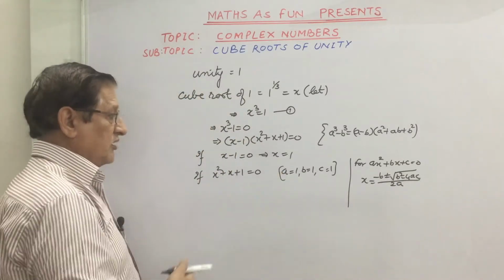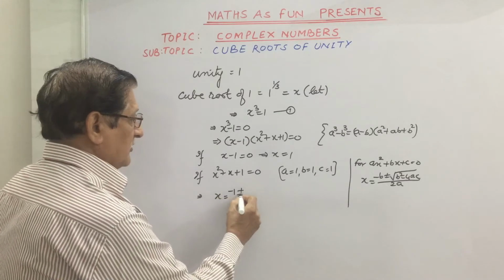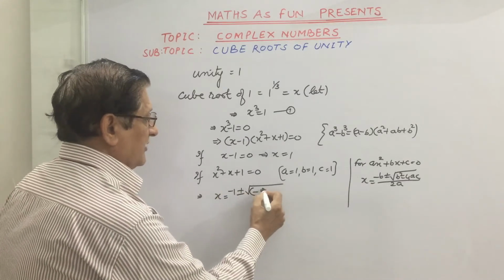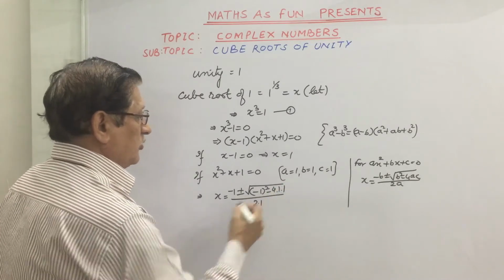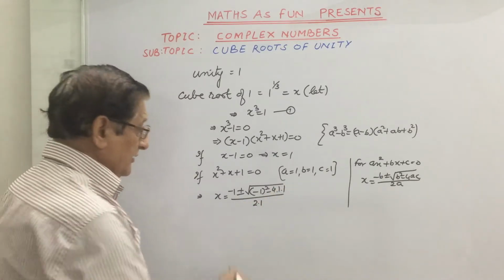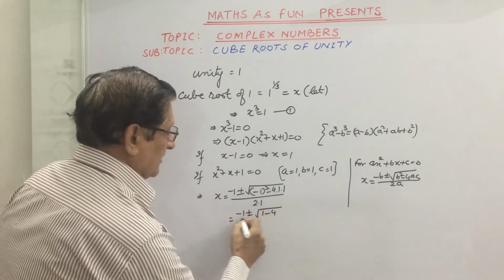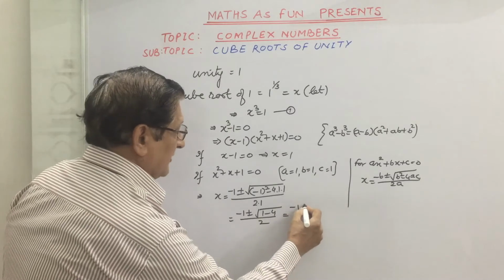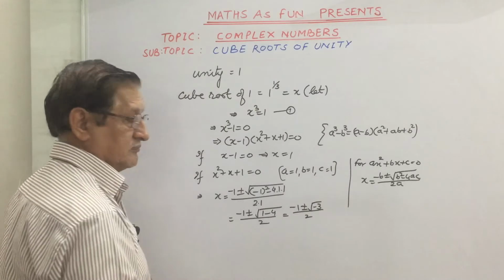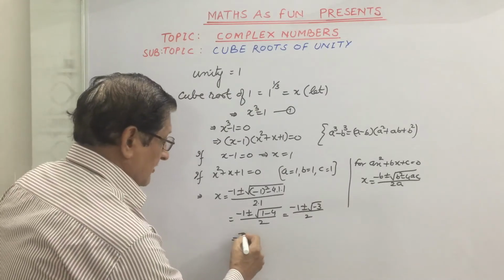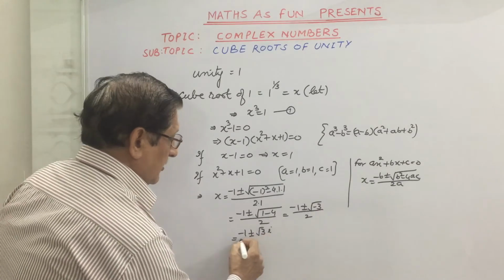If we apply this quadratic formula here, we will be getting x is equal to minus 1 plus minus root of minus 1 square minus 4 into 1 upon 2 into 1. And that gives us the value minus 1 plus minus root of 1 minus 4 upon 2, which is minus 1 plus minus root minus 3 upon 2. Can we write this as minus 1 plus minus root 3 iota upon 2?